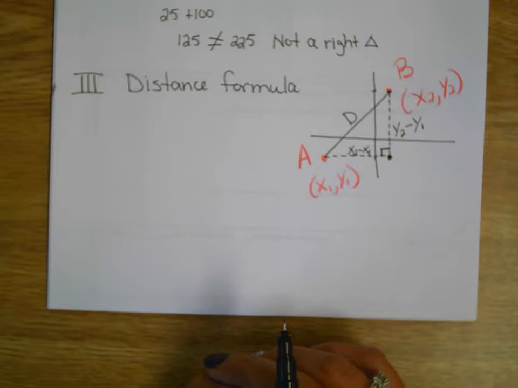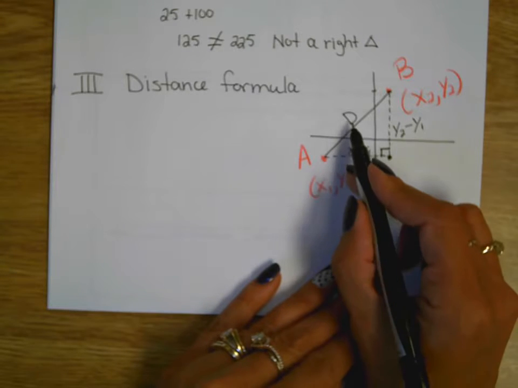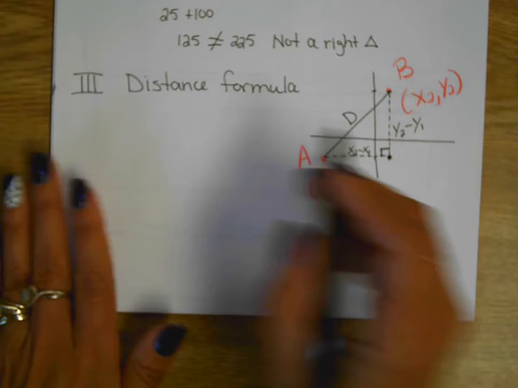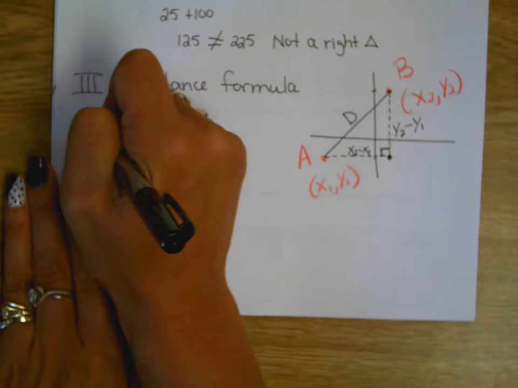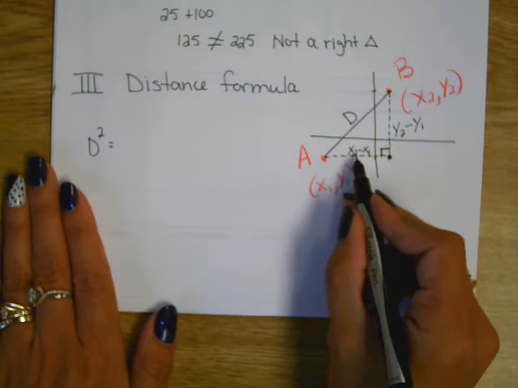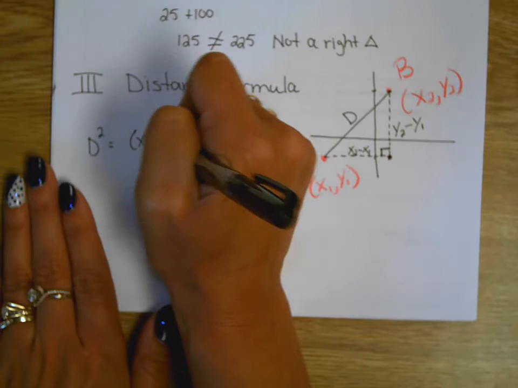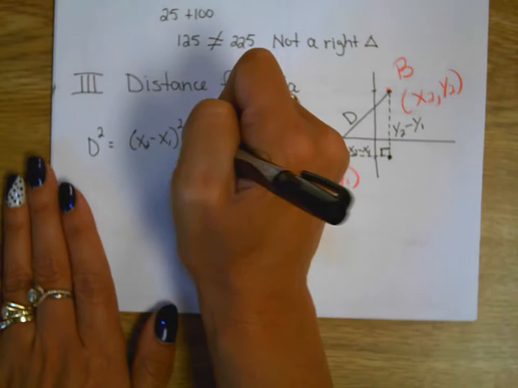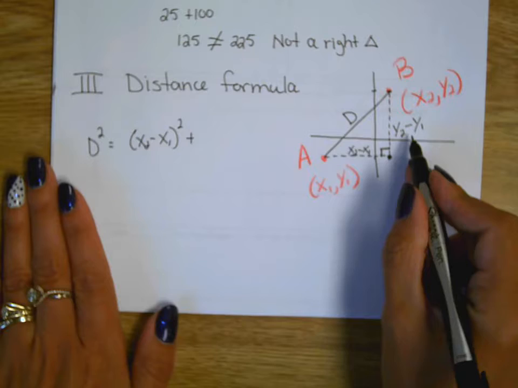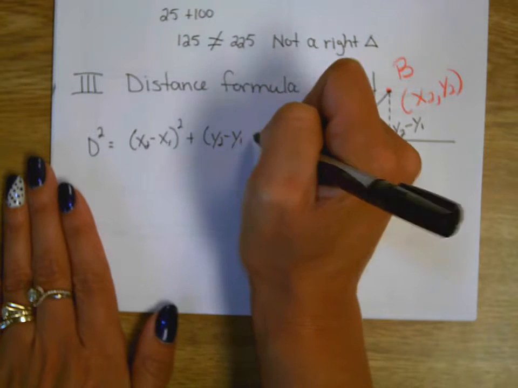So Pythagorean theorem says leg squared plus leg squared equals hypotenuse squared. But I'll start with the hypotenuse. So d squared equals this distance, which is x2 minus x1 squared, added to the other leg, y2 minus y1.